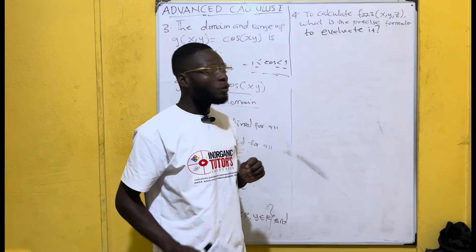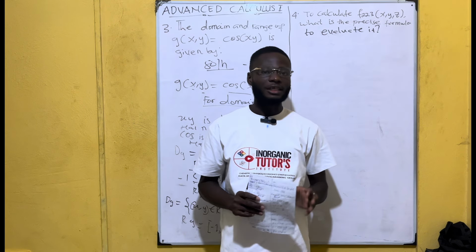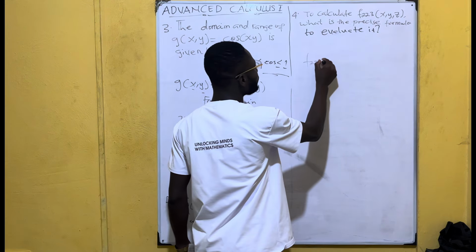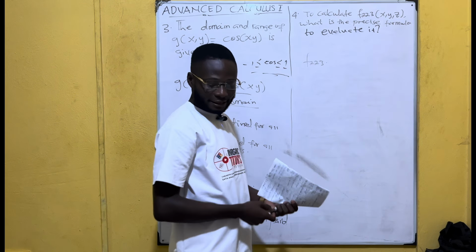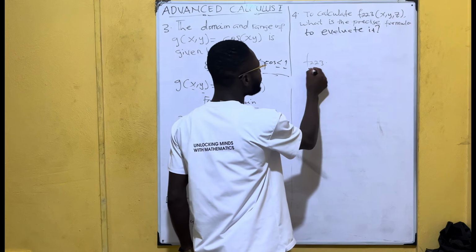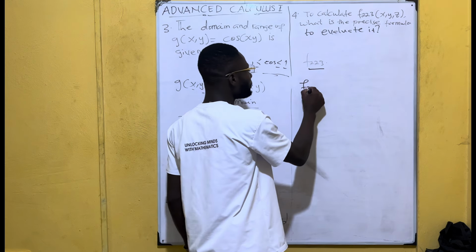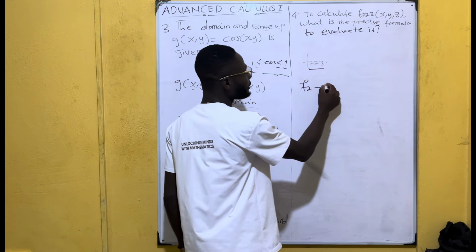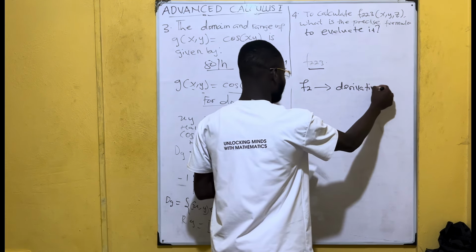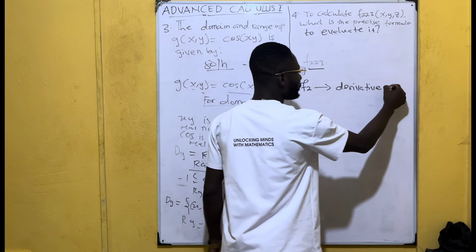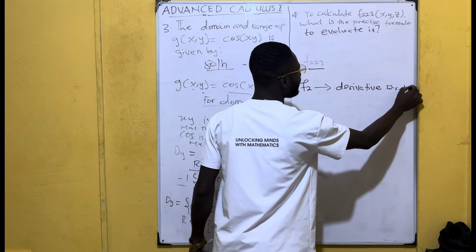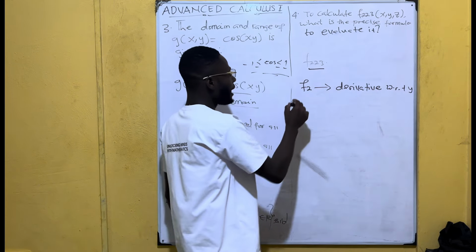First of all, what you have to know is that F223 symbolizes something. The first F2 means derivative with respect to y.